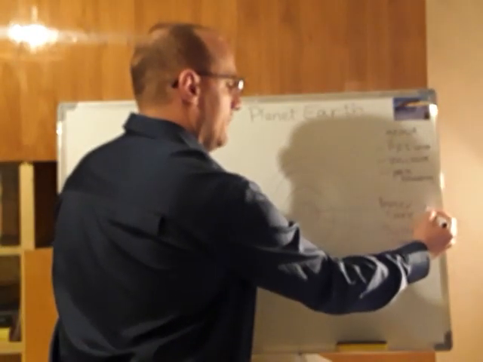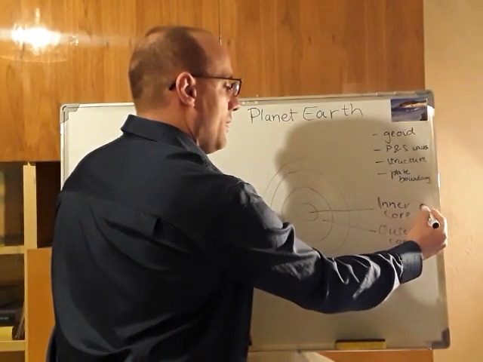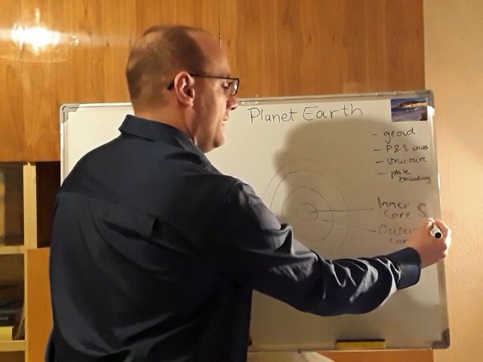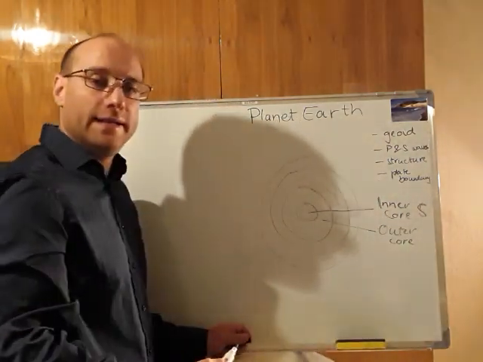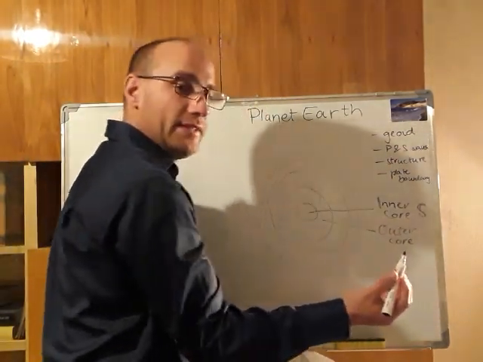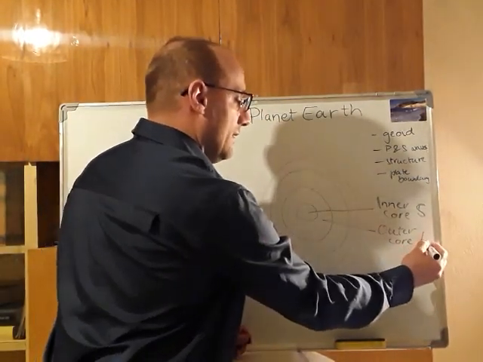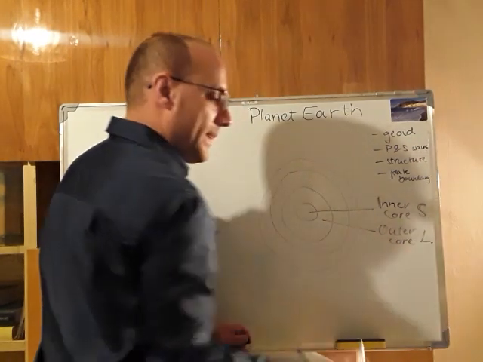I just put here that the inner core probably is solid. I just put an S over here, and the outer core is going to be what we consider something as liquid. I just put here an L, liquid.